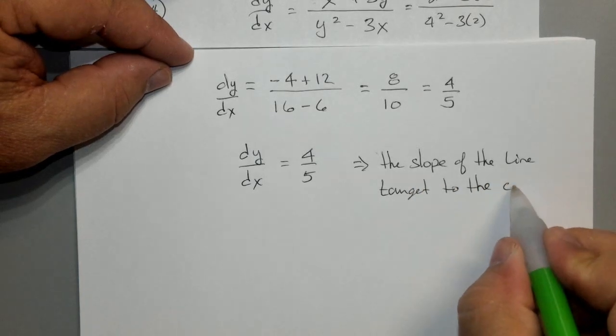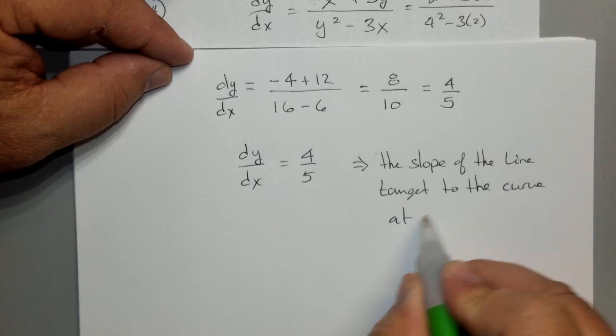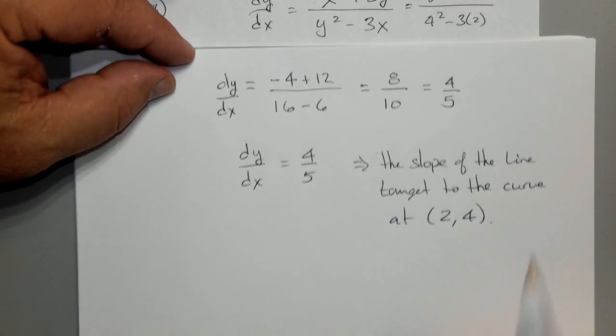It's the slope of the line tangent to the curve at 2, 4.